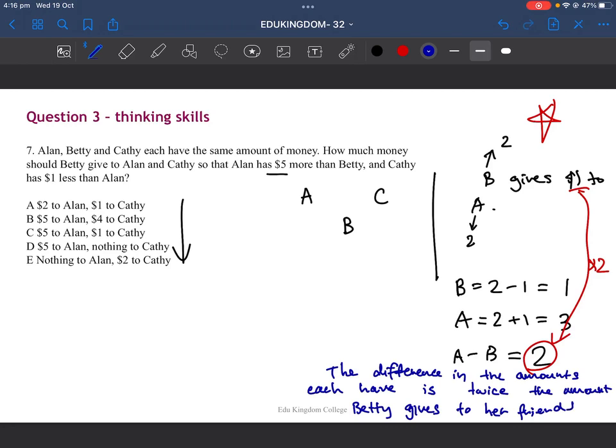Okay? So if Betty gives $1, suddenly the difference between the two people is $2.